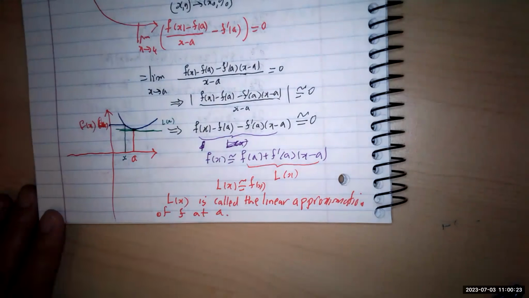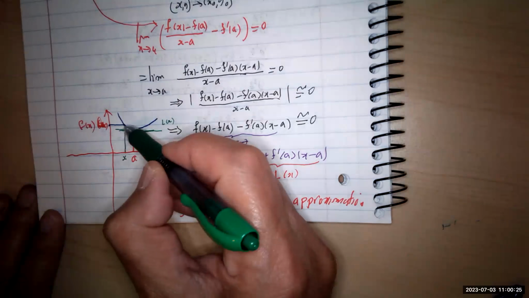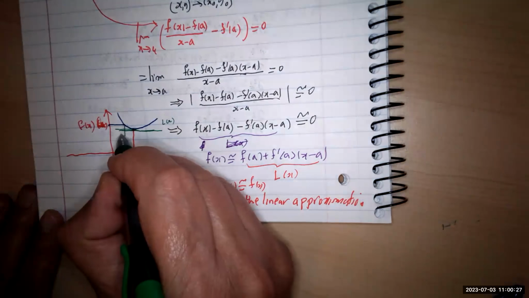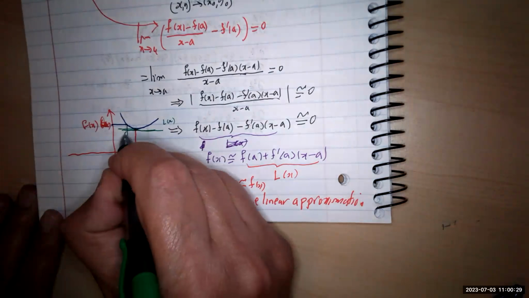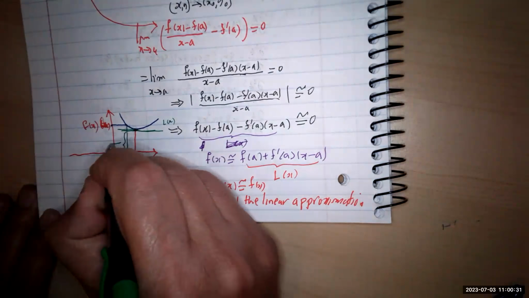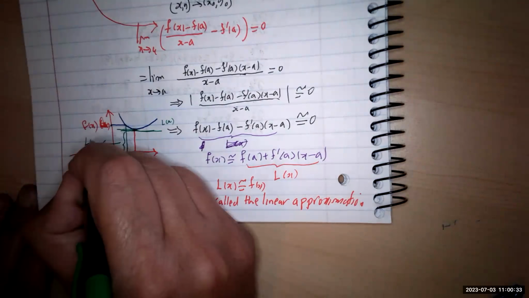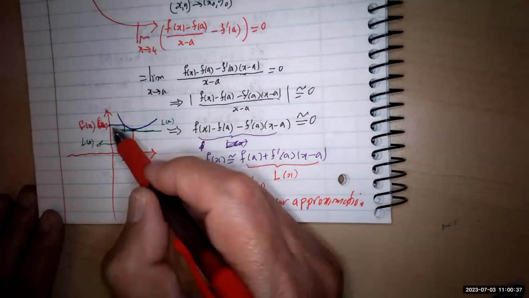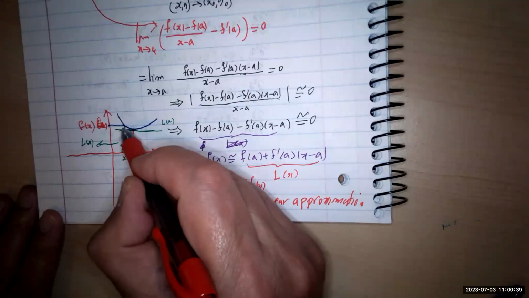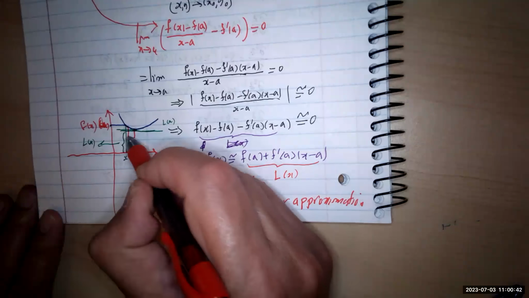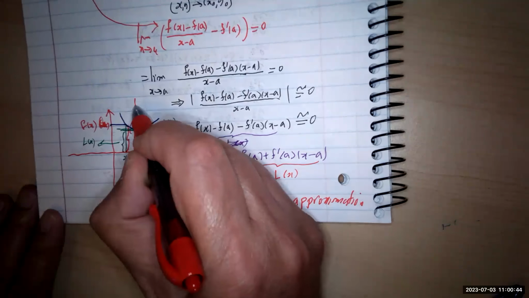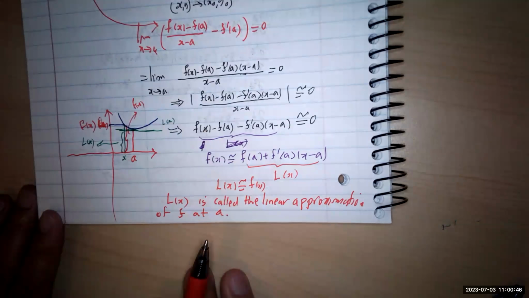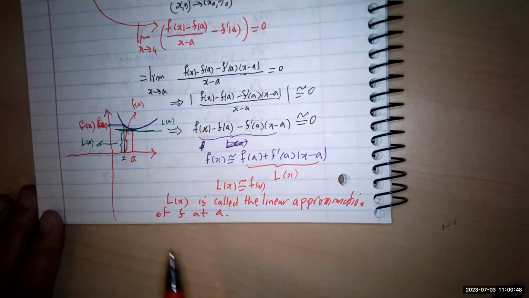The red one is f of x, but if you get the value from the tangent line, this is going to be L of x. The largest one is your f of x, and the green one is L of x. As you can see, they are close to each other.